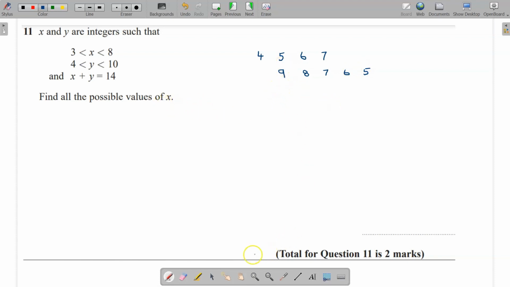The ones that I've lined up add up to 14, which is the third condition that has to be satisfied. So because those three pairs add up to 14, the three possible values of x that work are 5, 6 and 7.